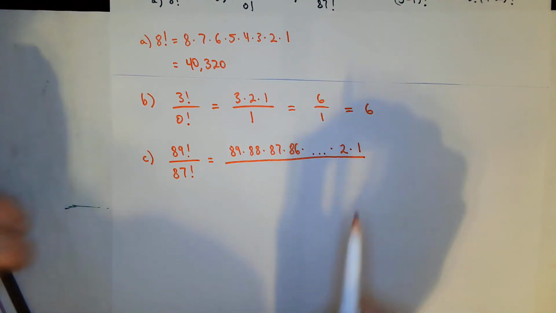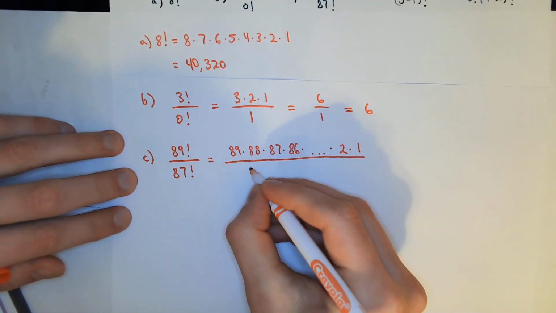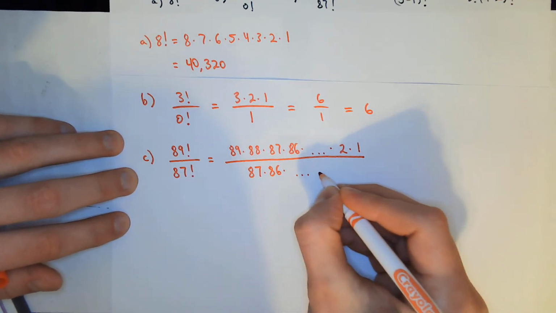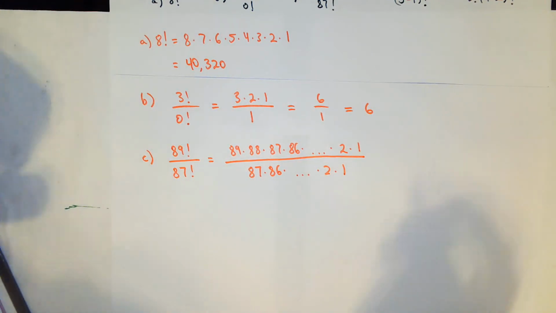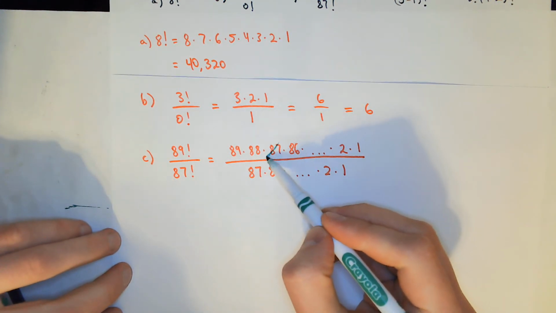So I'm using dot dot dot there to brush the rest of those under the table. Now in the bottom, I'm going to have 87 times 86 times dot dot dot times 2 times 1, ending at 1 there. But do you see what's going to happen? 87 cancels.